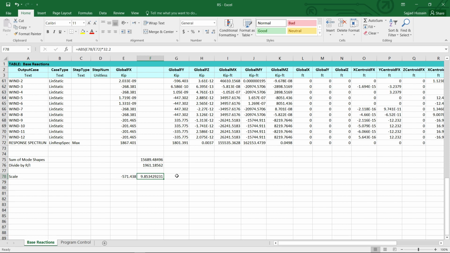Let me note it down somewhere so that I will not forget. This value is 9.853429, so let us use this scale factor over there.